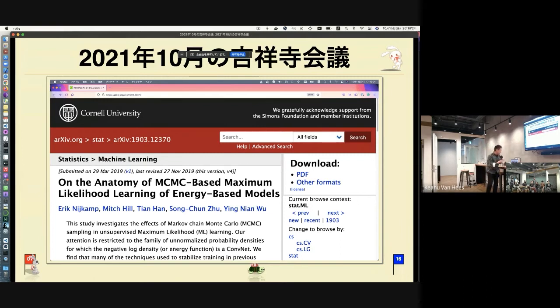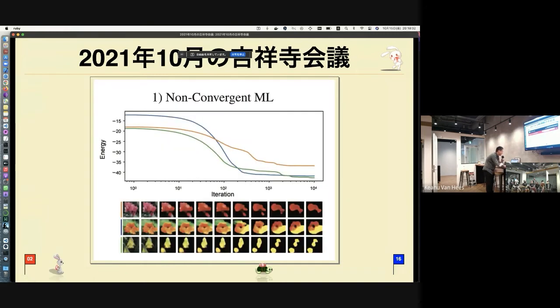I probably spent too much time on the first slide, but the turtle is there already. So what this paper discovered is that this method is not so easy to converge. There's a non-convergent learning process like this one. It tries to learn this flower, but it learns too much.